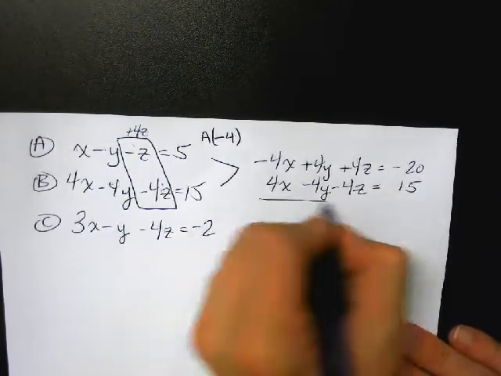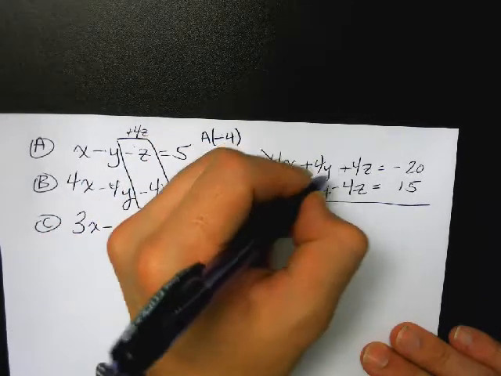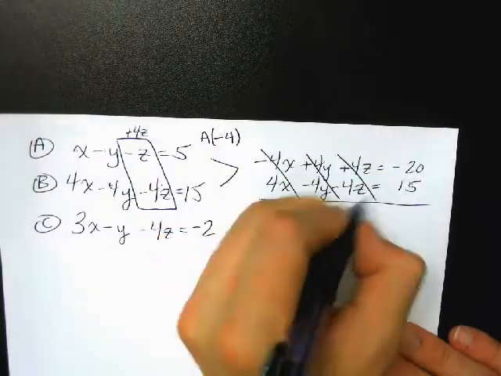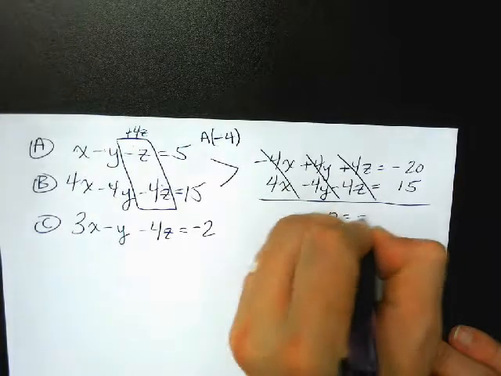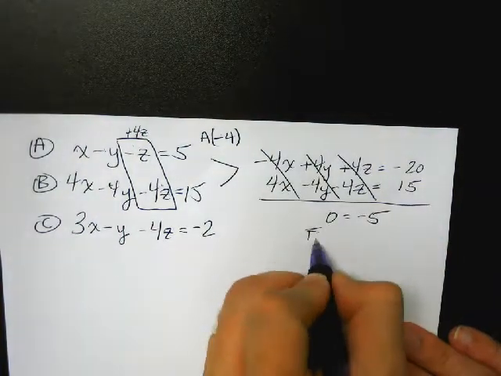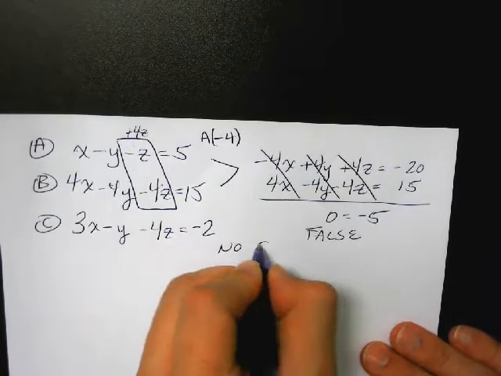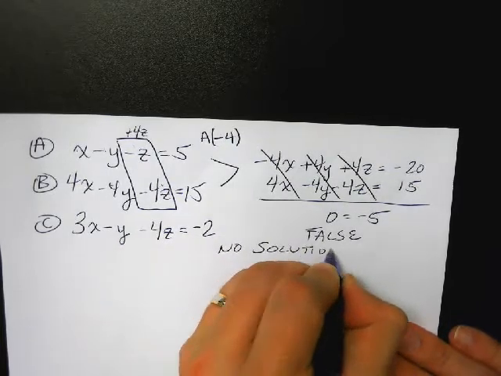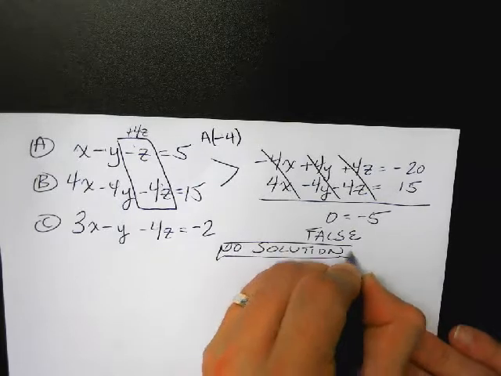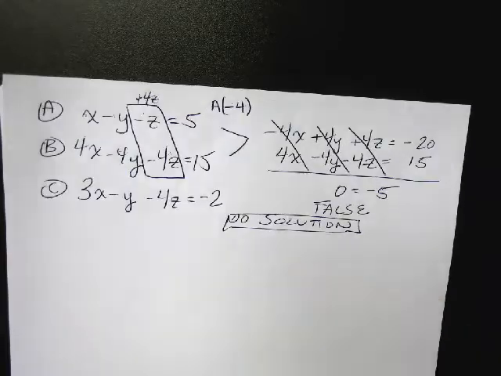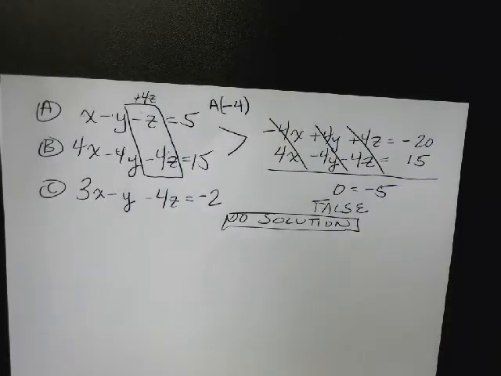When we add this up, that cancels to 0, that goes to 0, that goes to 0, 0 equals negative 5. Since this is a false statement, we can say that there is no solution. Okay, let's go on to number 5.